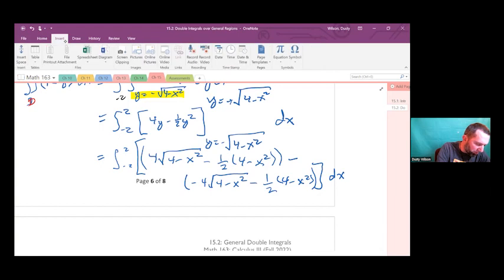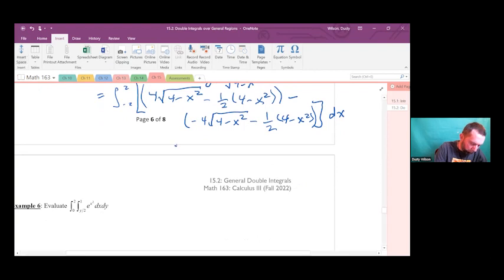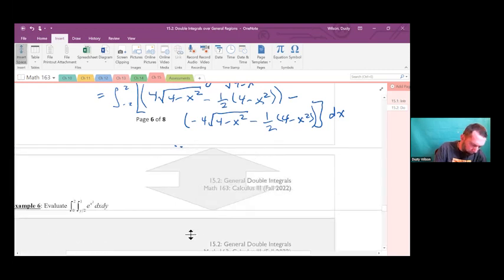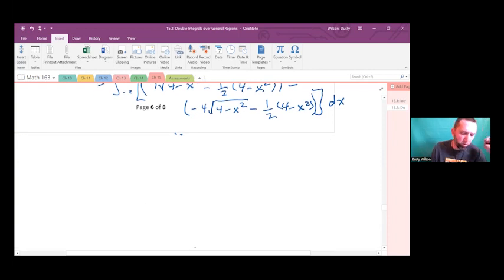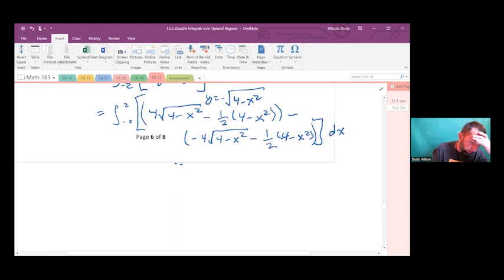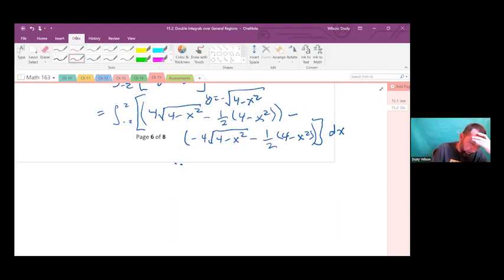Looks like we need a little bit more space here. Okay, so we got a little more space. Let's see what we have here. We have minus 1/2 of all that stuff, minus minus, so plus, plus all that stuff.